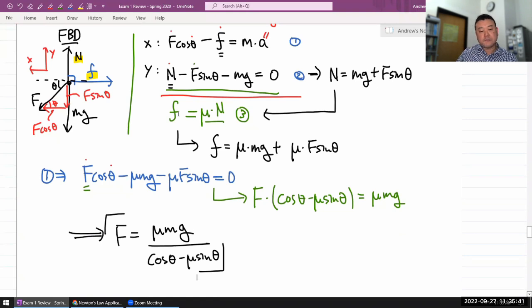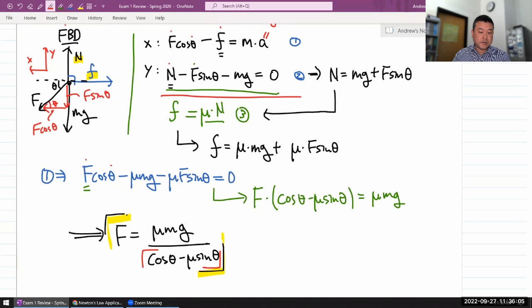So I'm looking at this expression, thinking I'm looking for a situation where it doesn't matter how much force F I apply; F is basically going to infinity. And as you're thinking that, I hope you notice that we are dividing by a quantity that could go to 0.